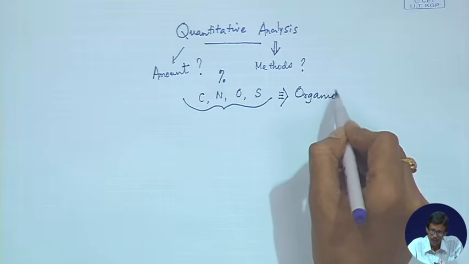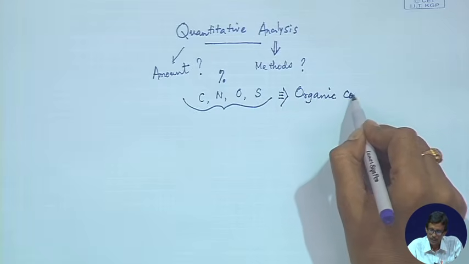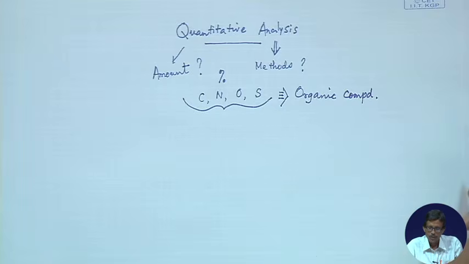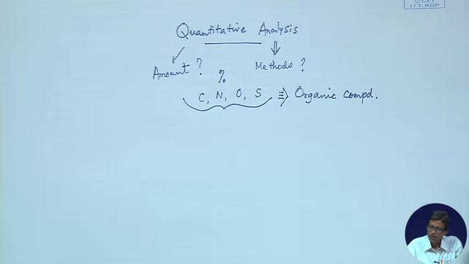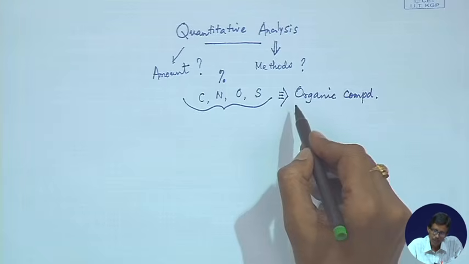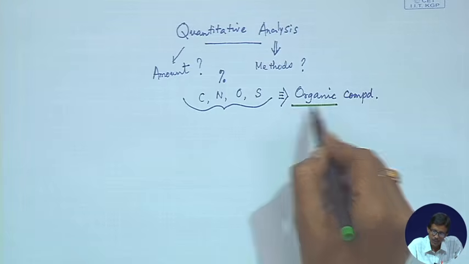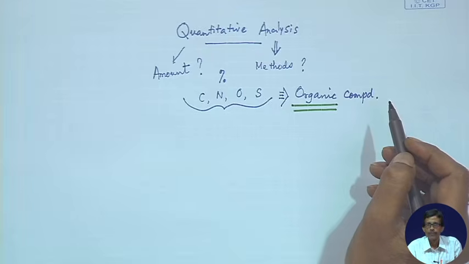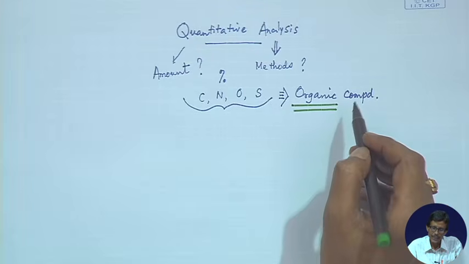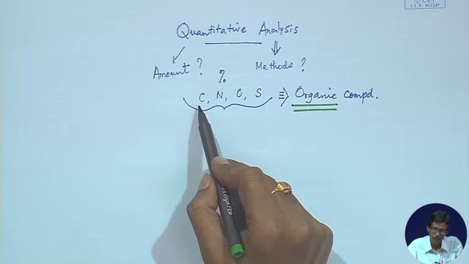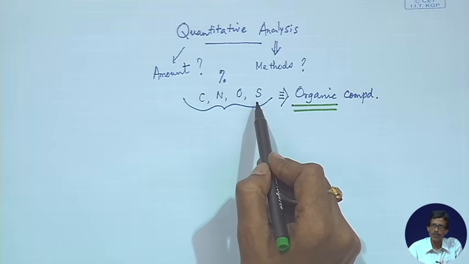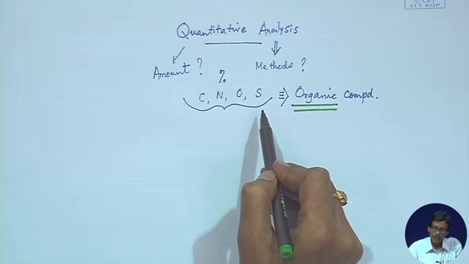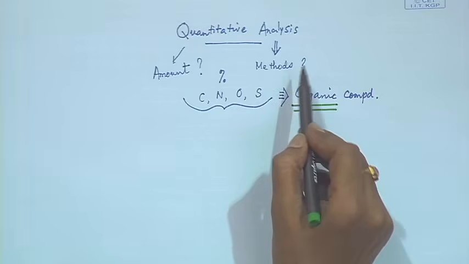It can be a solid or it can be a liquid. To analyze this organic compound, we must have this information that we are handling something which is organic in nature, and how we can detect the presence of carbon, nitrogen, oxygen, and sulfur.